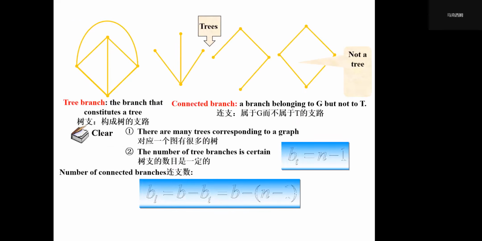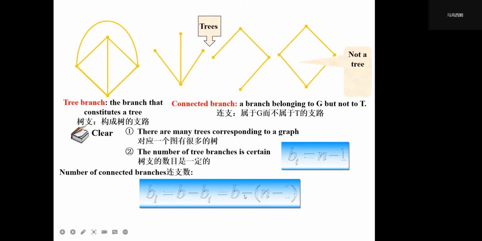From this point, we have already reached a conclusion about the numbers of nodes, branches and trees. The number of connected branches is b minus n minus 1, where n is the number of nodes and b is the total number of branches.